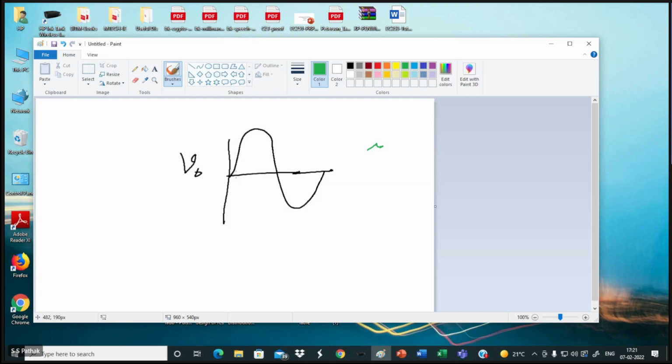It will be inverted first of all. So the transistor will clip the sinusoidal signal. It is inverted. It comes like this, it comes like this. That will be my V naught, and this was my Vi.